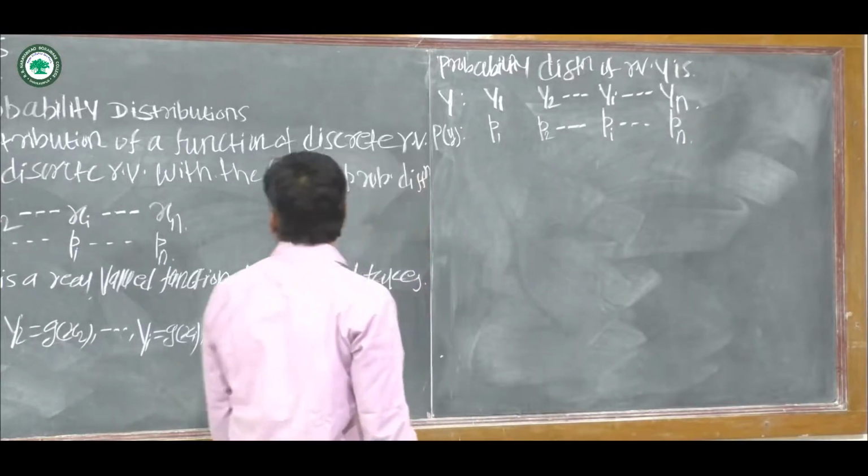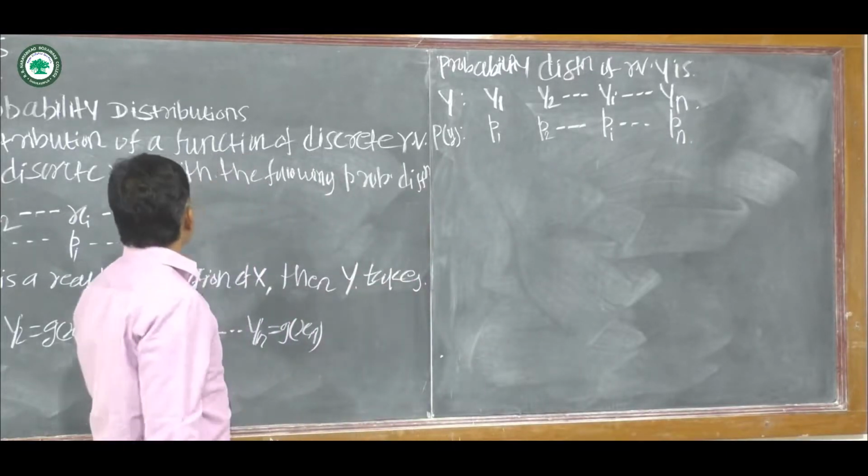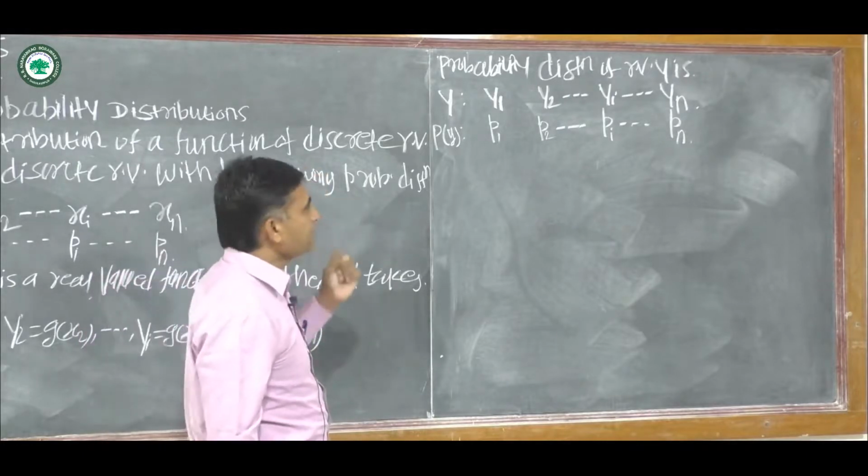This is the probability distribution of a function of a discrete random variable.